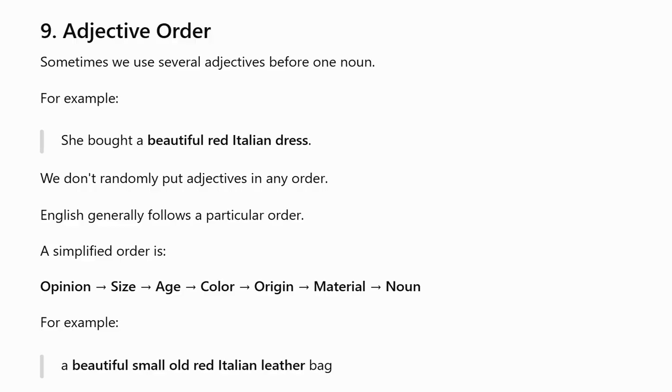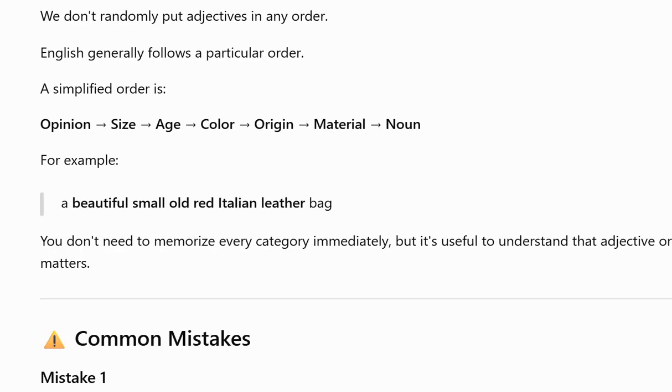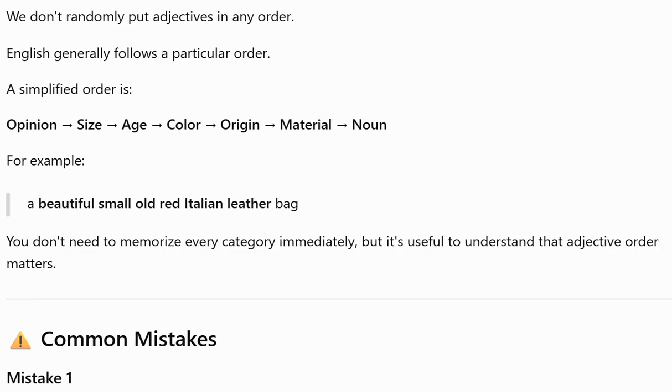A simplified order is opinion, size, age, color, origin, material, noun. For example, a beautiful small old red Italian leather bag. You don't need to memorize every category immediately, but it's useful to understand that adjective order matters.